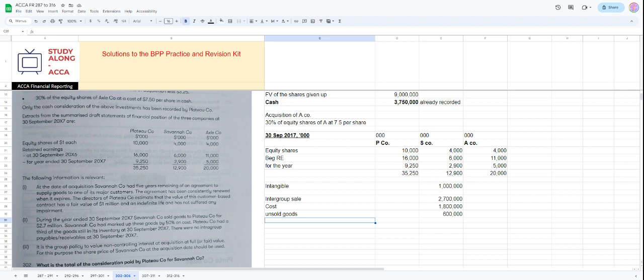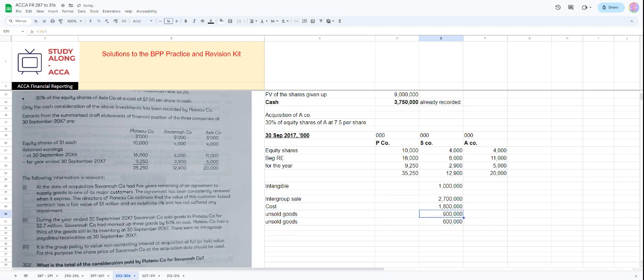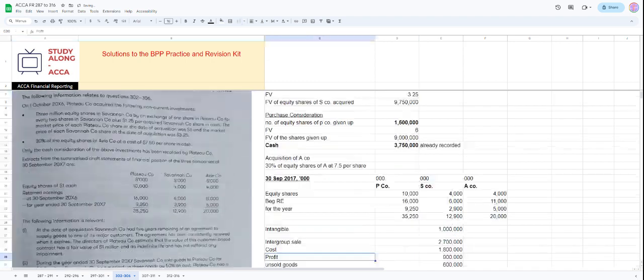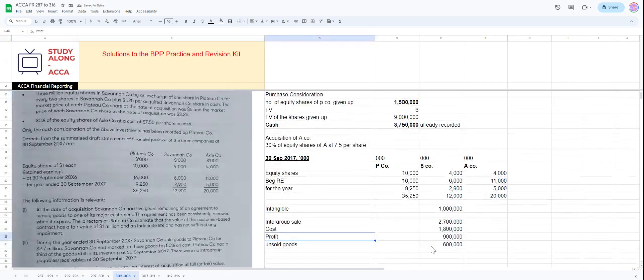So here, how much is the profit? 2.7 minus 1.8, this 900,000 will be the profit, and there is unsold goods of 600,000.